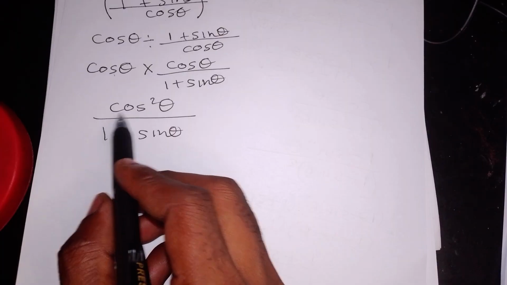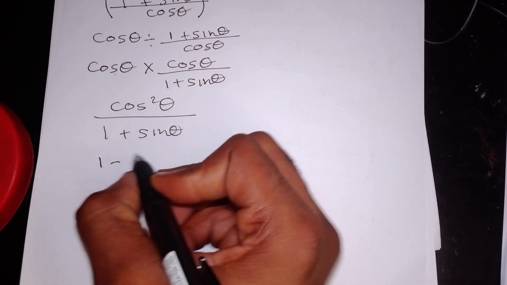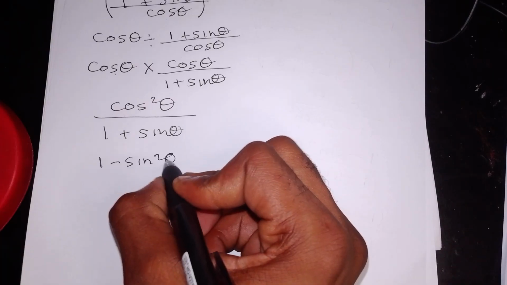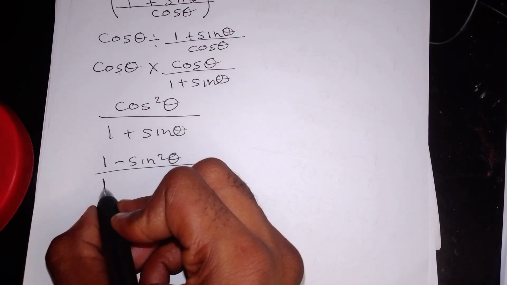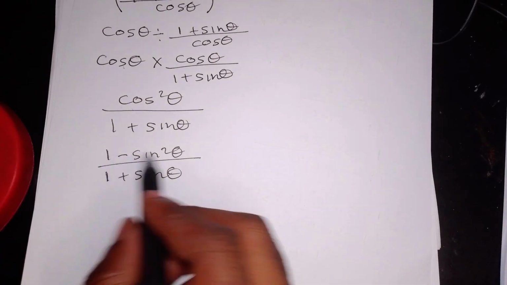So by now I believe you know that cos squared theta is the same as 1 minus sine squared theta, everything over 1 plus sine theta. Then you can factorize this using the difference of two squares.